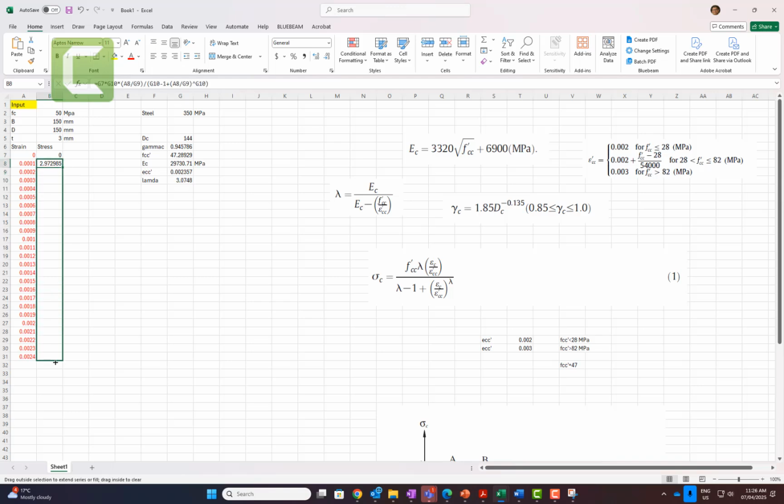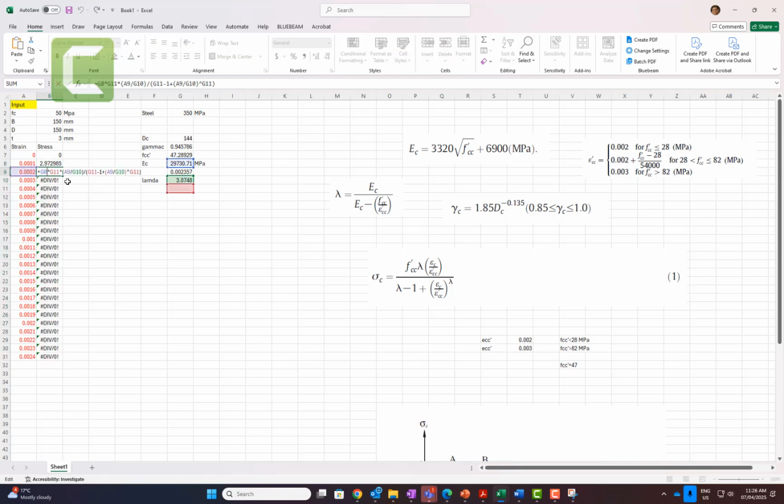So that's the first one. Oops, sorry, what happened here? Okay, we need to lock these ones. Everything needs to be locked, so let's press F4. We just need to lock A8 as the variable, which is the strain here, and the others we need to lock.